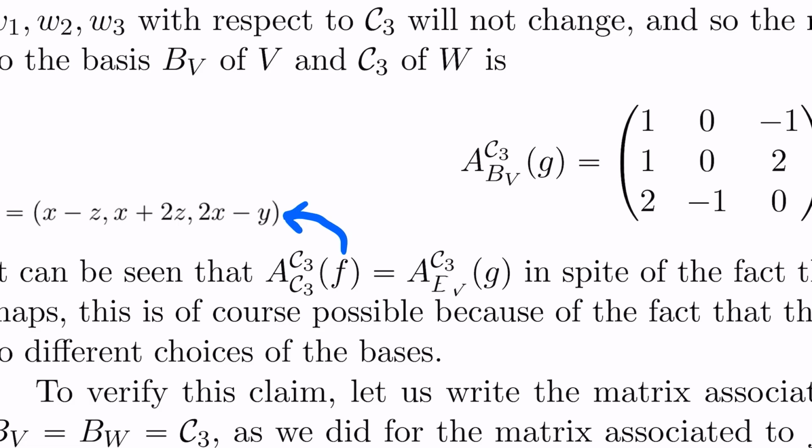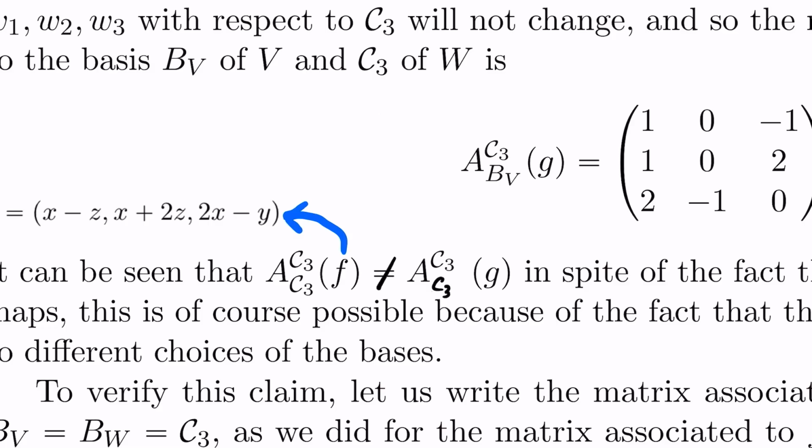However, if we replace the basis BV with the canonical basis, then we must end up with two matrices which are different because F and G are different and we have fixed exactly the same basis for both the domain and the range vector spaces. Let's verify this.